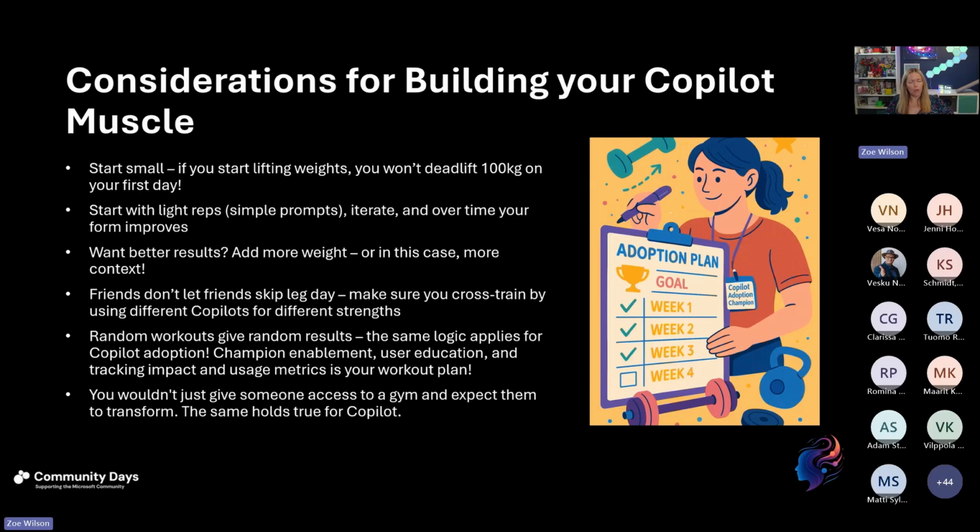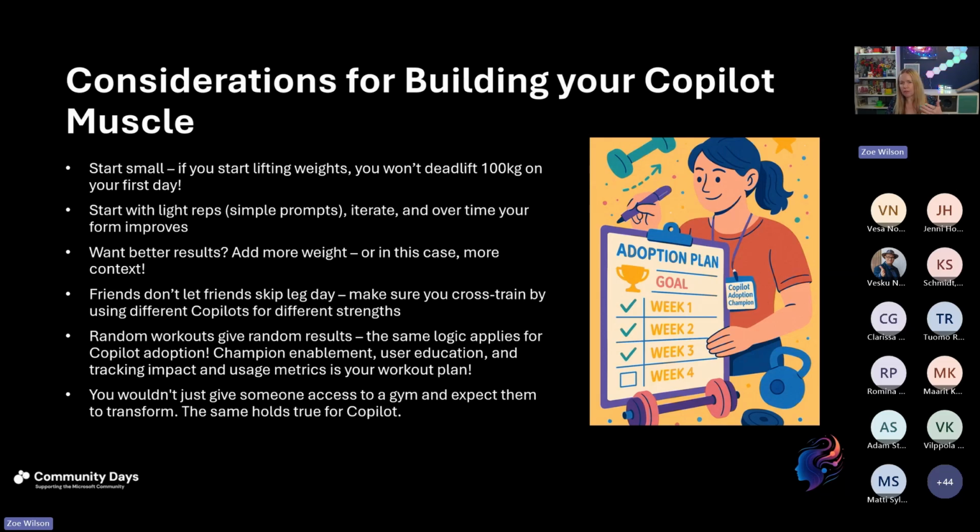So when you as an individual are building your Copilot muscle, again, if we think about this in the context of training for a marathon or going to the gym, it's really important to start small. If you do go to the gym and start a new weightlifting program, you're not going to deadlift 100 kilos on your first day. If you do, I'd be very impressed, but you'd be more likely to get an injury.